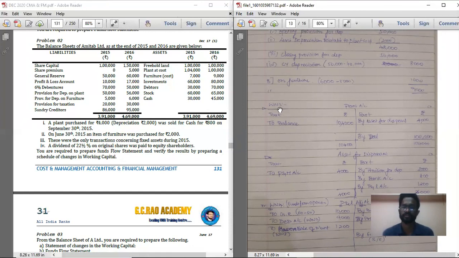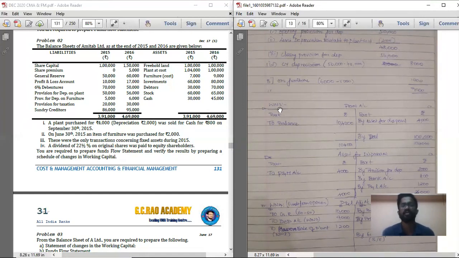Plant account. Divide the page into 2 parts: left hand side debit and right hand side credit. Debit side record particular amount, credit side also record particular amount. See, plant account is an asset account.